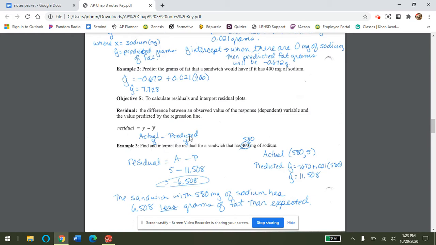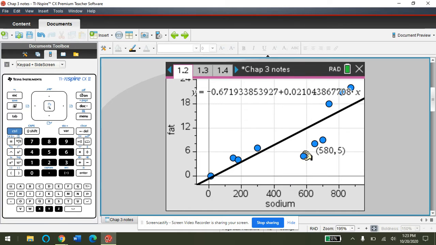The easiest way to remember this is we are in AP statistics: A minus P. Our actual y was 5 minus our predicted y of 11.508 that we just found. So our residual is negative 6.508. If we go back to that graph, it's this one.